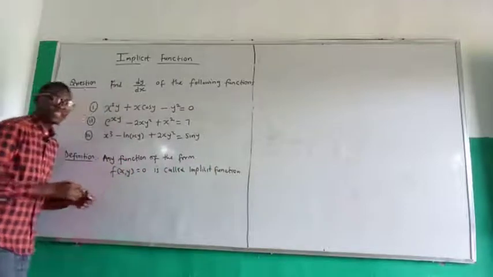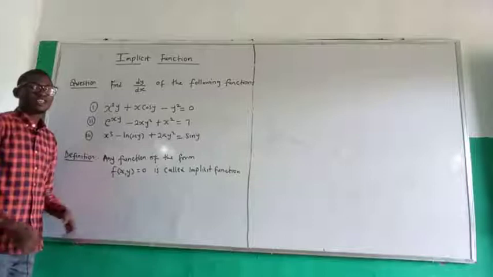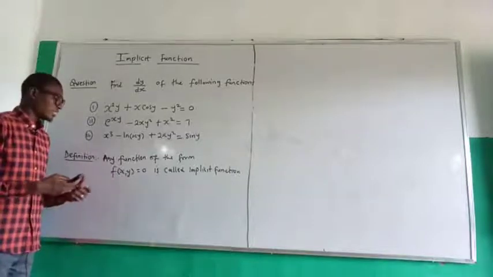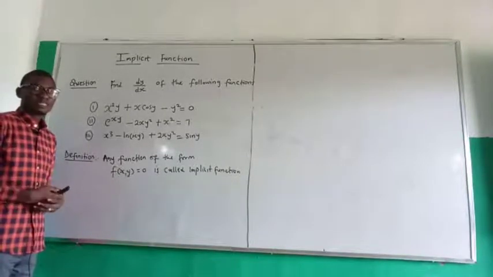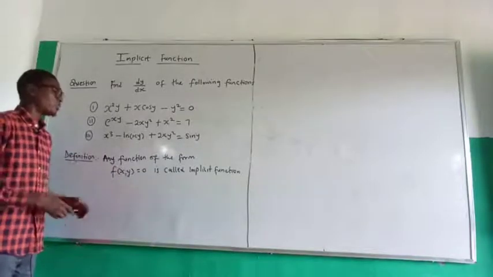So when you have any function which is given in this form, it is called implicit function. That is, y cannot be completely separated from x. So a function like that is called implicit function.